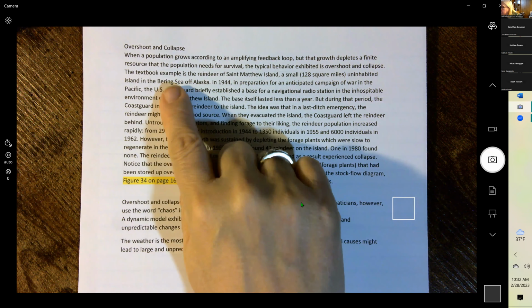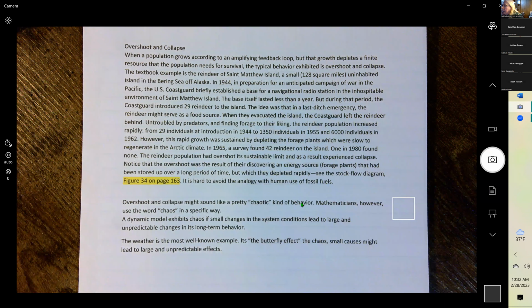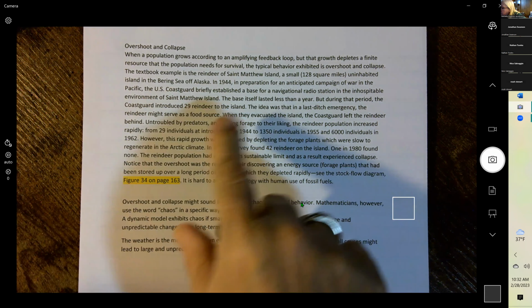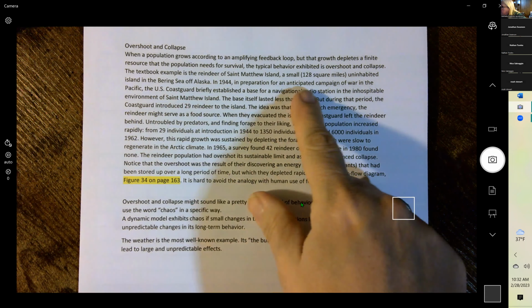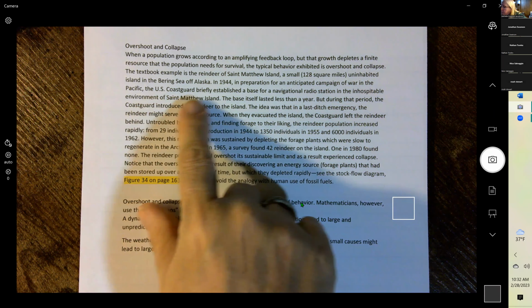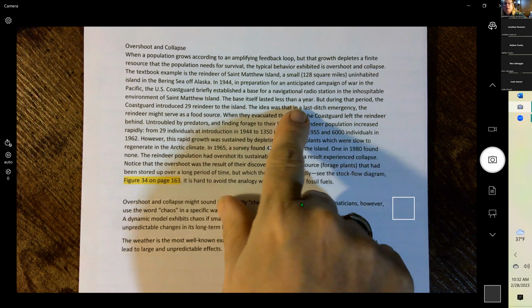There was an example of reindeer in St. Matthew's Island. It's a small, square-mile uninhabited island in the Bering Sea off of Alaska. In preparation for an anticipated war, the U.S. Coast Guard briefly established a base there.